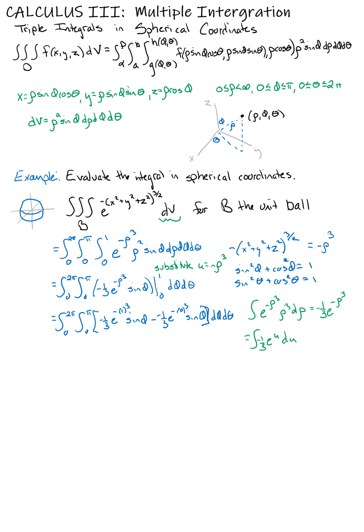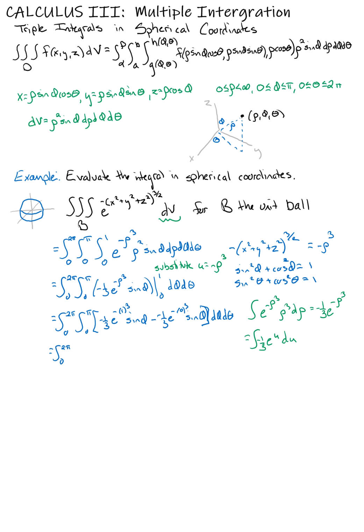Okay, so we end up with e raised to the negative 1 in the first term and e raised to the 0 in the second term. Of course, e raised to the 0 is 1, and e raised to the negative 1 actually gives me an e in the denominator.